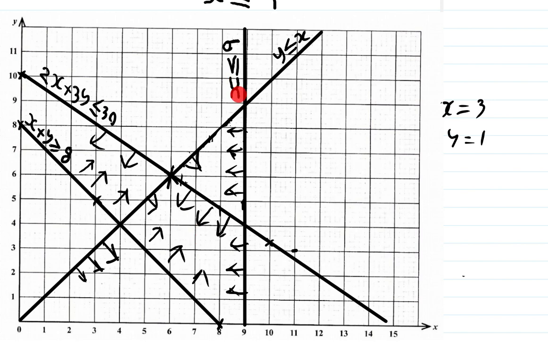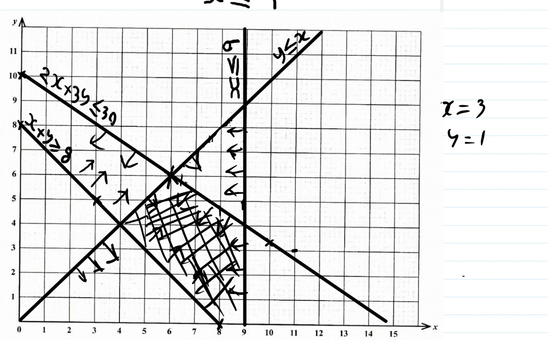Here, with this line, over to this side would not work, but over this side would work. Based on the arrows, you can see all the arrows are pointing within this region. So the region to shade indeed would be this region here. Alright? So we shade that region.